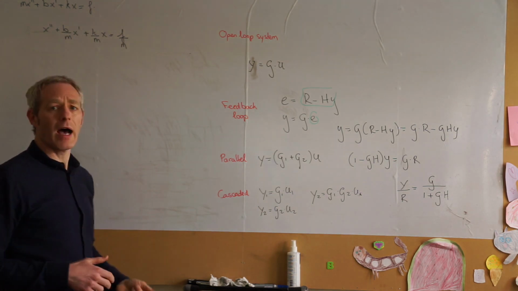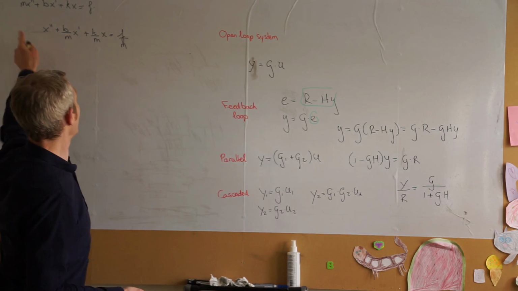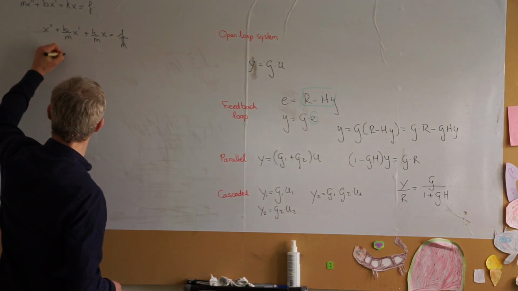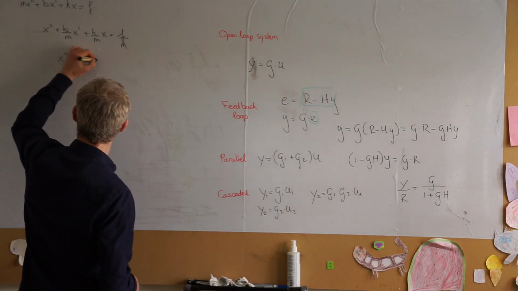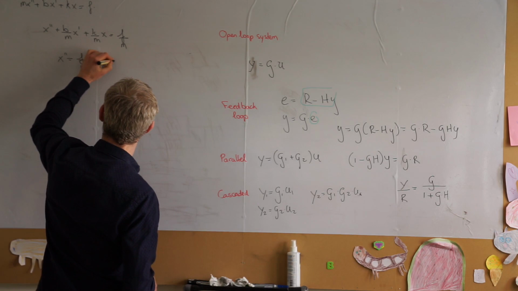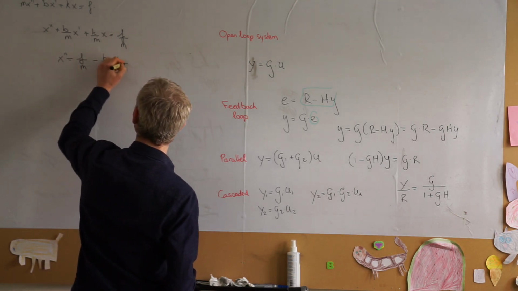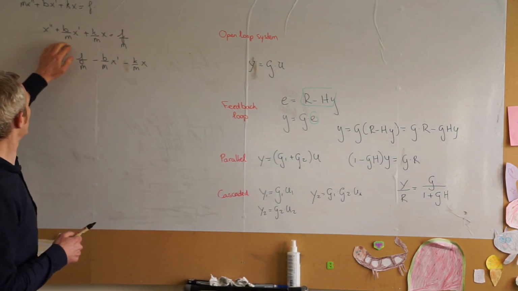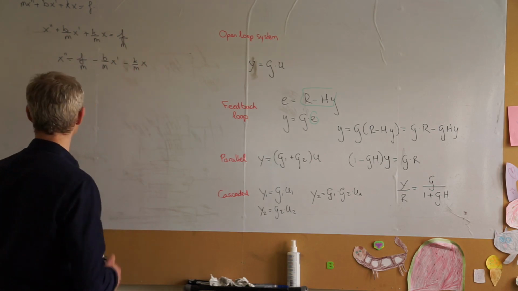And I want to have the displacement x, but I can rearrange this so that I get x double prime is f over m minus b over m x prime minus k over m x. So basically these two terms are transferred to the right hand side.